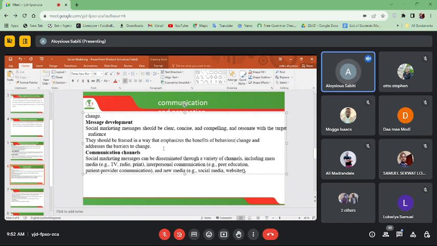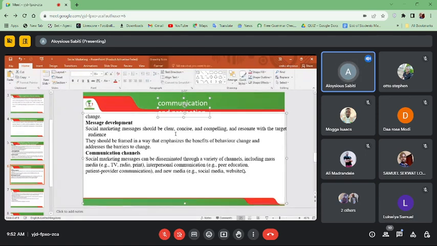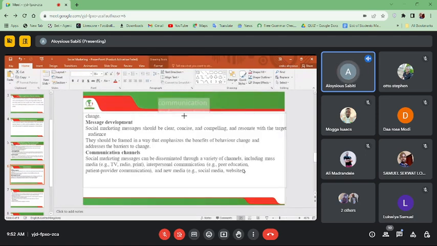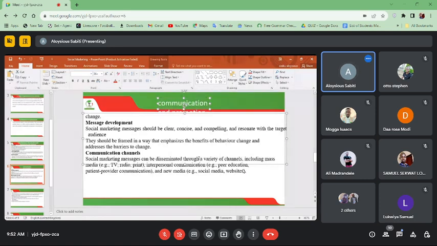So messages should be framed in a way that emphasizes the benefits of behavior change and addresses the barriers to change. Your message should directly target how these behavior changes can benefit the individuals you're communicating to.